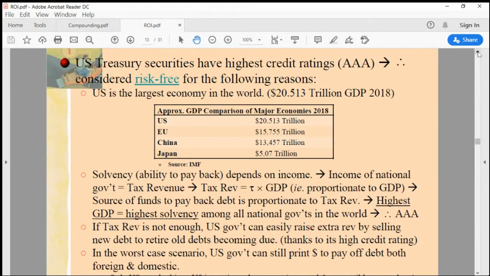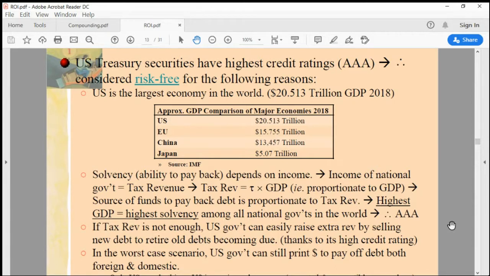But in general, if the borrower has a solid, permanent, solid occupation with job security, and has a steady income source, then his or her solvency is proven.